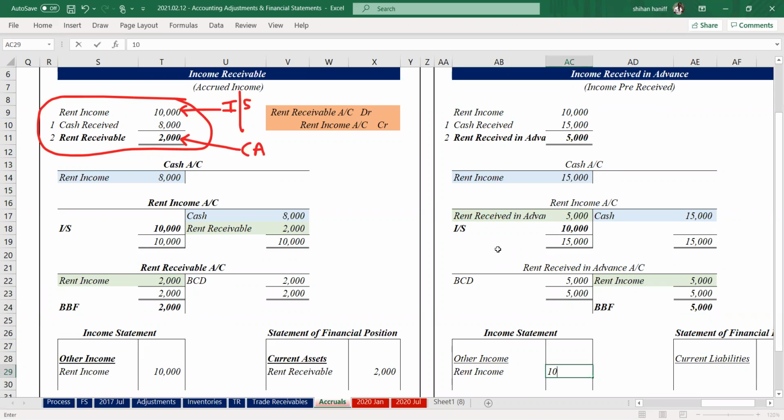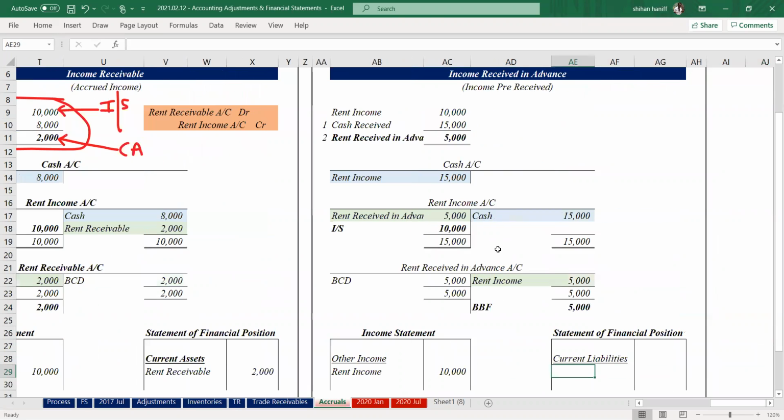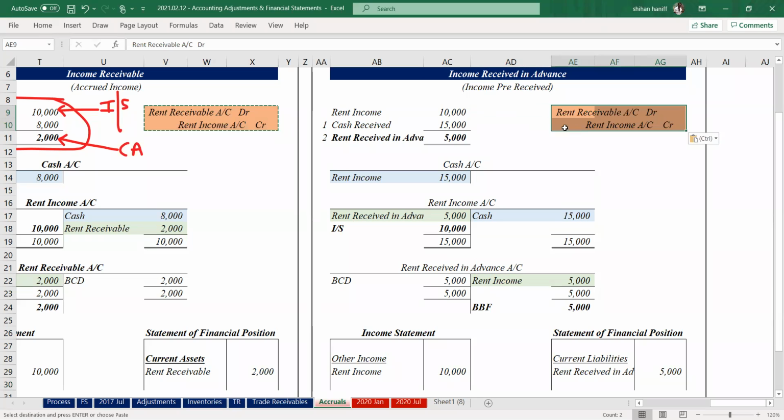Rent income is 10,000. Current liability, rent received in advance, 5,000. So this is how you make the adjustment for accruals.